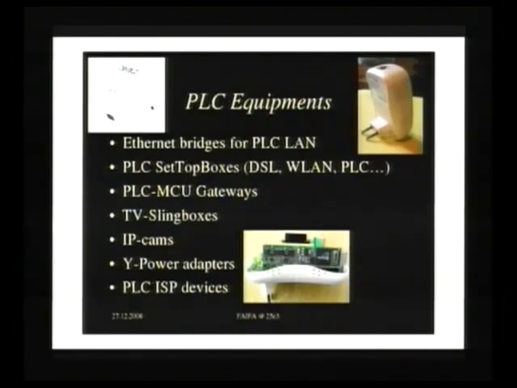Now in reality, in the market you can find many types of PLC equipment. You will find Ethernet bridges for the PLC line, basically a tool with an electrical plug, which could be European, Japanese or American, and Ethernet ports. On the same idea, you will find different devices like set-top boxes.